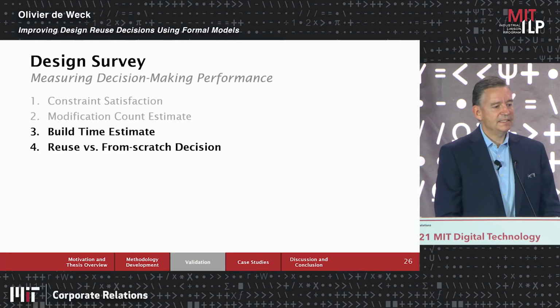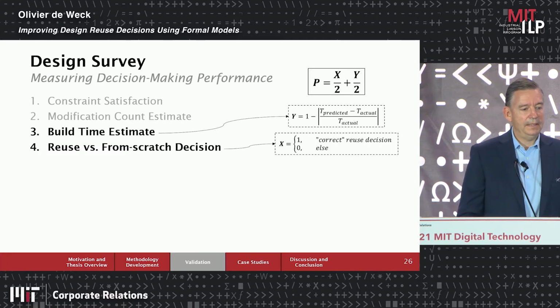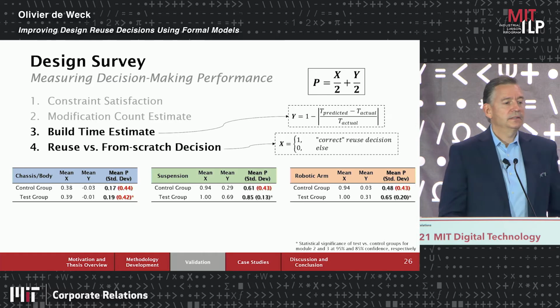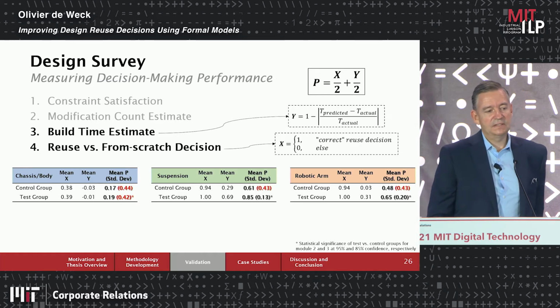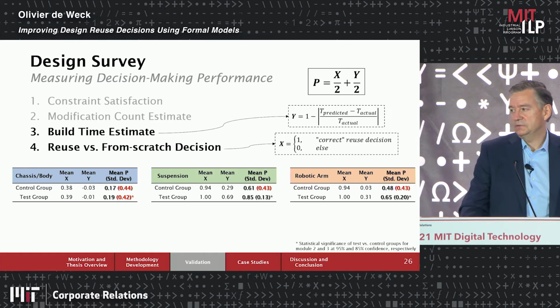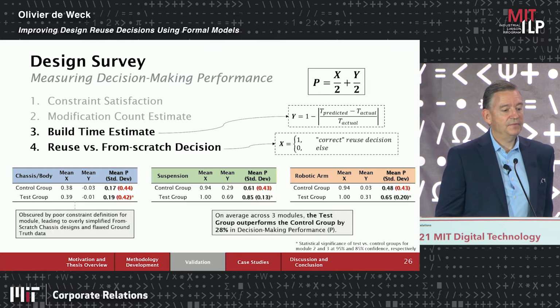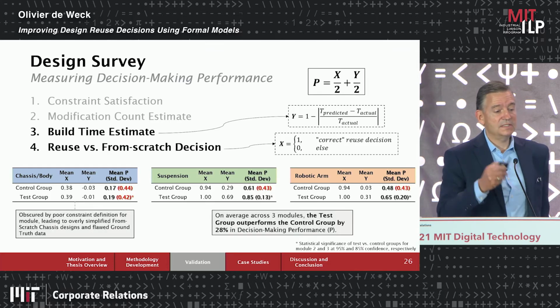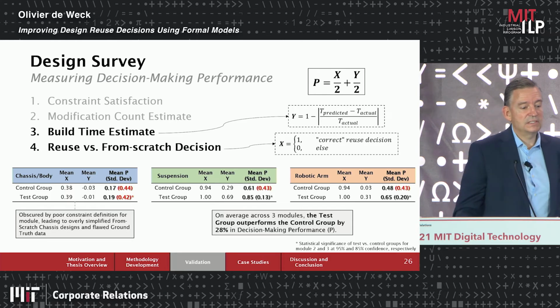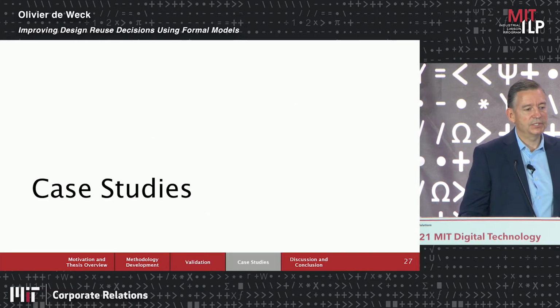And so basically then we were able to quantify the benefit of using this method versus just doing it intuitively in terms of the build time estimates and the correctness of the reuse versus from scratch decision. And we found that on average across these subsystems, there was a 28% improvement in decision-making performance using model-based system engineering, which we thought was encouraging.